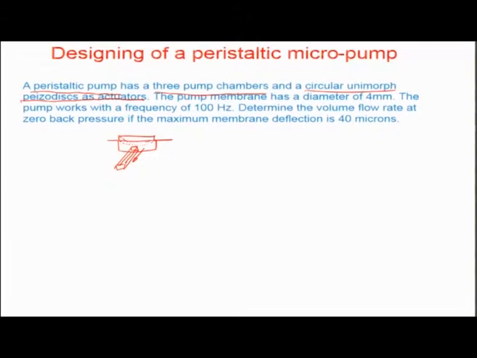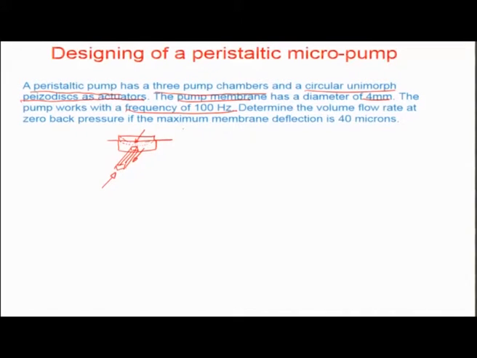So, we want to determine that because of the bending of the unimorph disk mounted over such a chamber, given some parameters, for example, the membrane dia of 4 millimeters, and the membrane frequency of 100 hertz, we want to determine what would be the flow rate that it creates every time it bends and discharges. We can assume that there is no back pressure, and the gauge pressure between what is inside the chamber and outside is 0. Both of them are done at atmospheric pressure conditions.